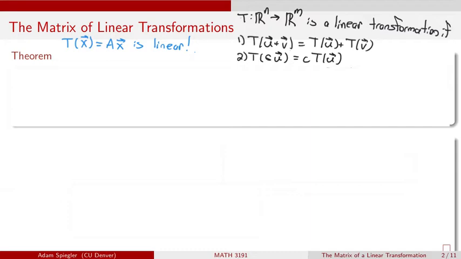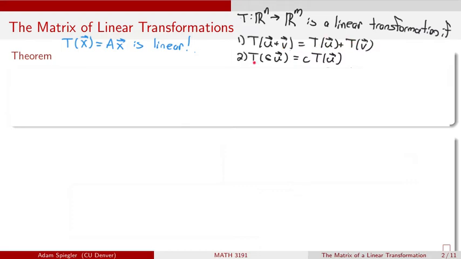So let's just review some of these terms, what we talked about in the last bunch of videos. We say that a transformation T, which is mapping from Rn into Rm, is a linear transformation if and only if T, when we apply the transformation to a sum of two vectors, T of u plus v, is equal to T of u plus T of v.